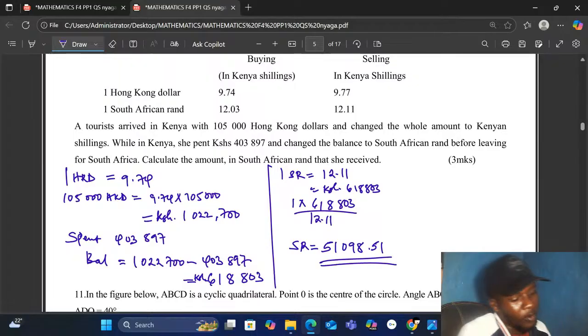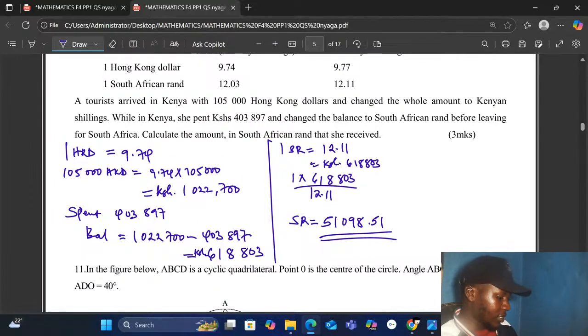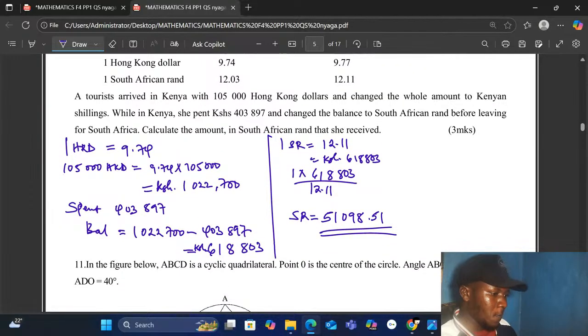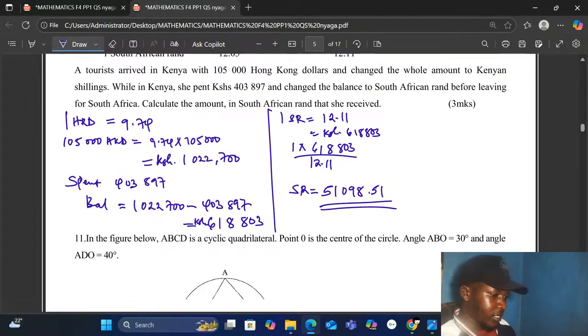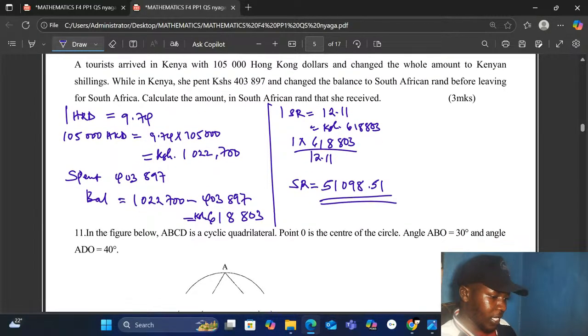So this is the amount in South African rand that she exchanged the balance to. That is how we get your 3 marks on the exchange.